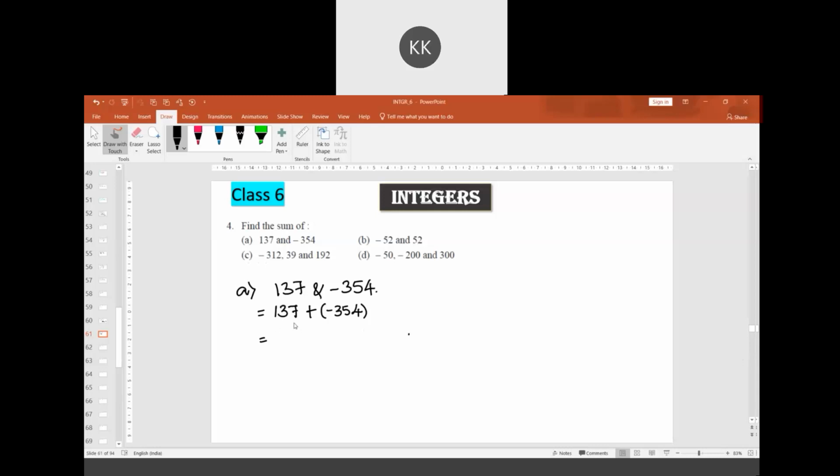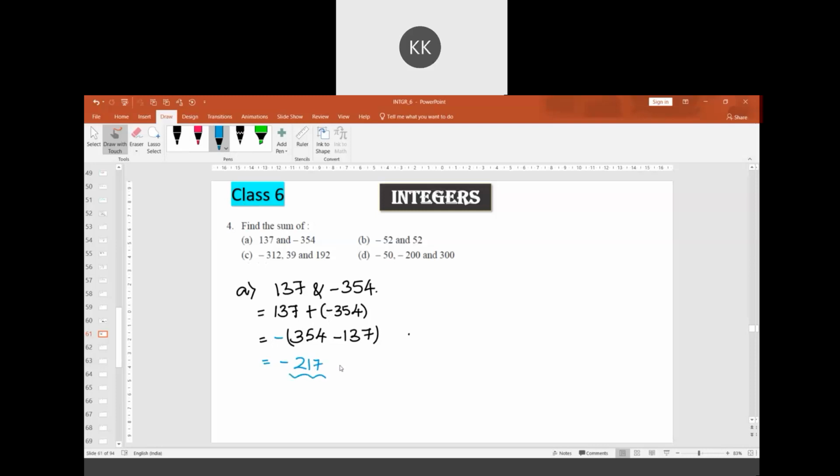It is addition, but we have to do the subtraction here since they are unlike integers. So 137 has to be subtracted from 354. When we subtract it, what are we going to get? 217. Here I have to take the sign as minus because the larger value is having minus sign. So the answer will be minus 217.